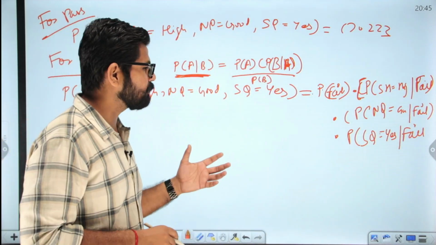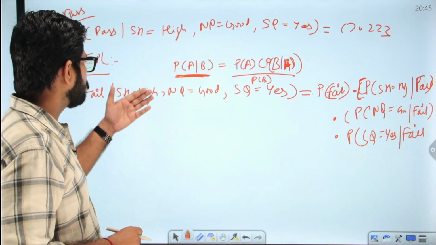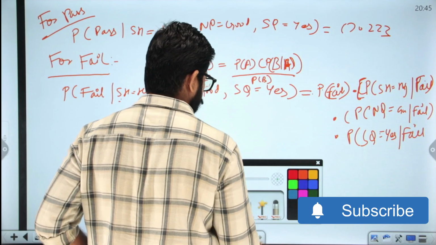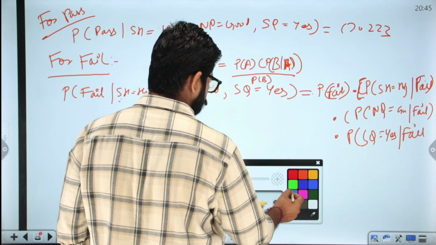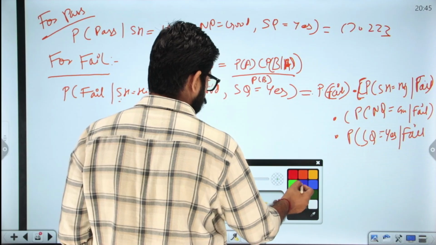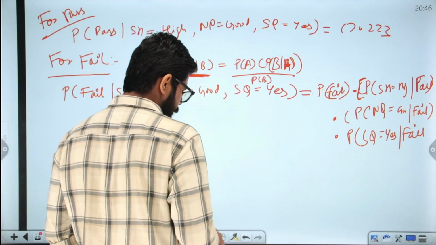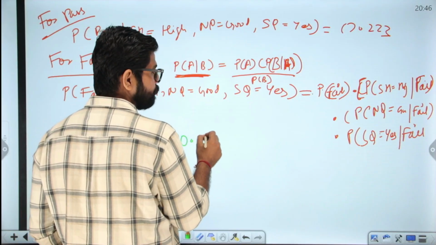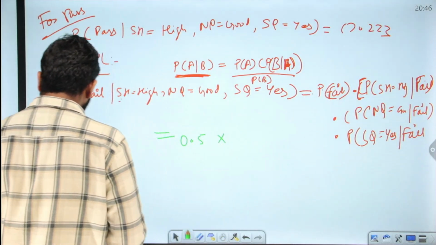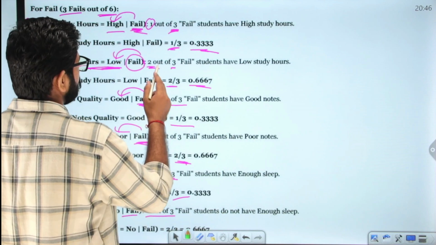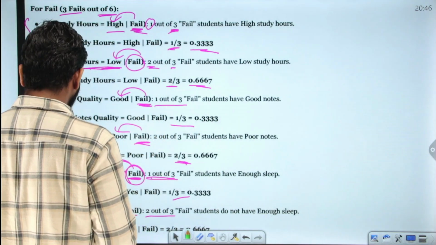Okay, again in a similar way, as you have already found in the previous case. So probability of fail is again 0.5, and for this fail case, you can just take it from the fail, that is 1 by 3, 1 by 3 and 1 by 3 we have.